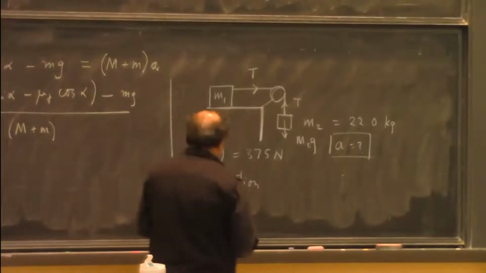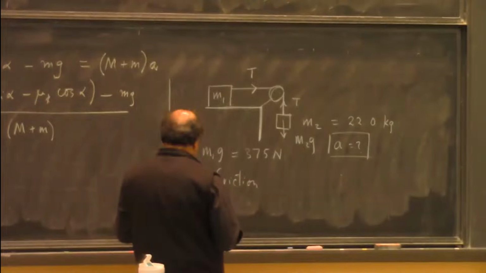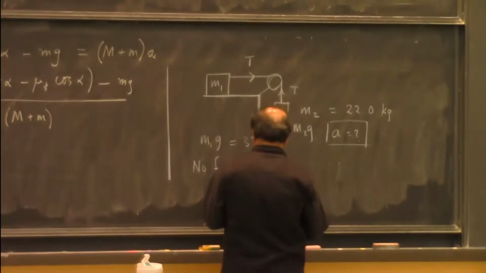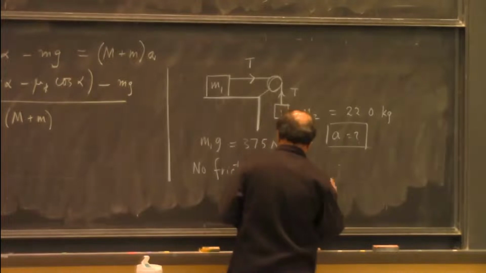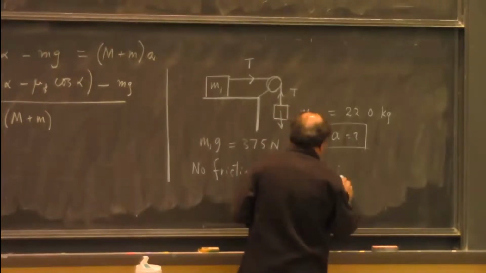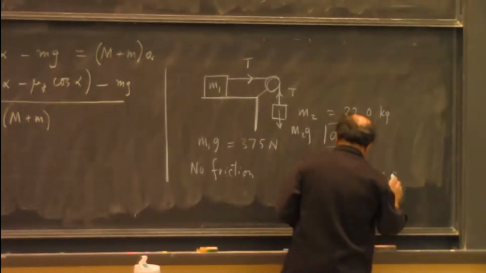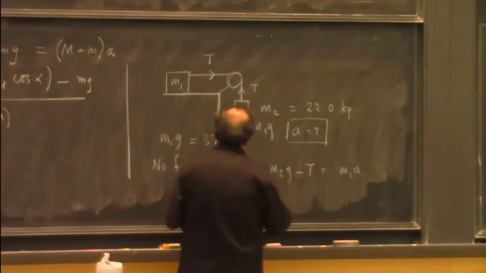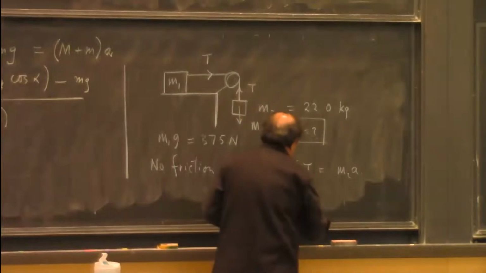So what we should be able to say then is that you can write, okay, m2g minus T is m2a, and we should be able to write that m1a is T, because it's only being pulled forward, m1a.